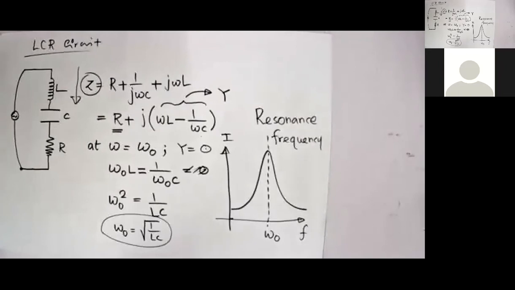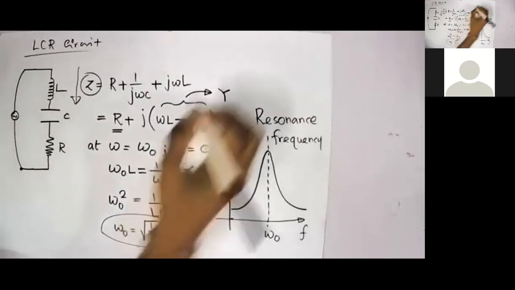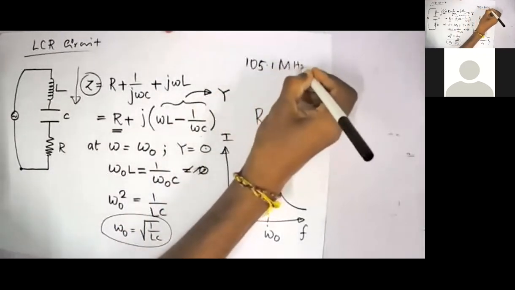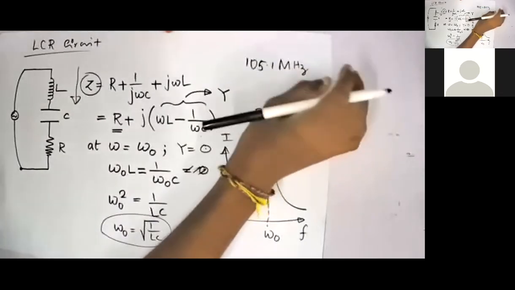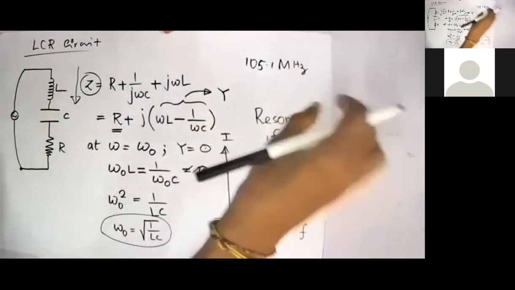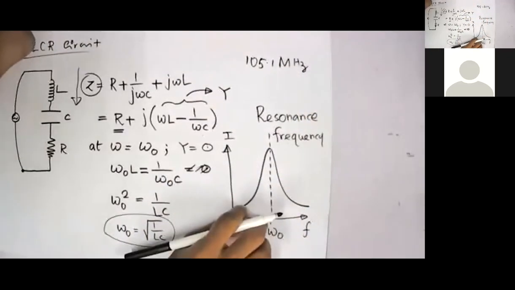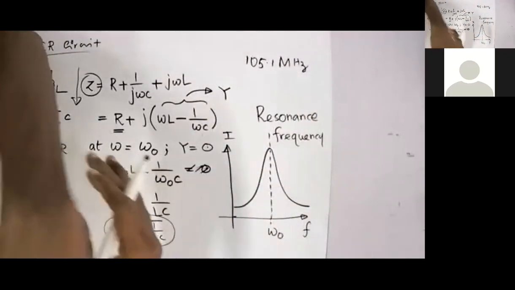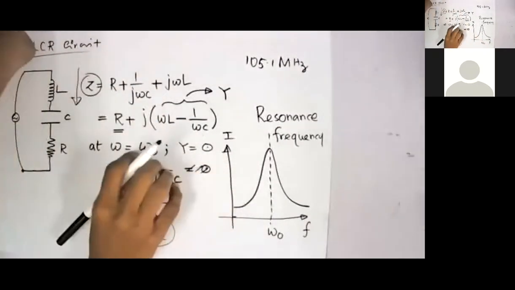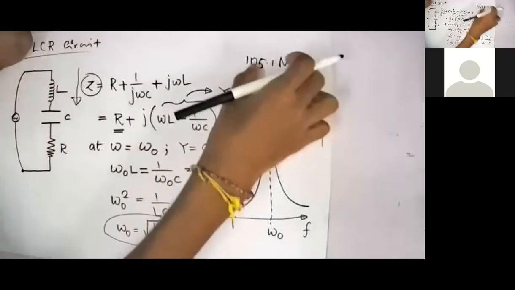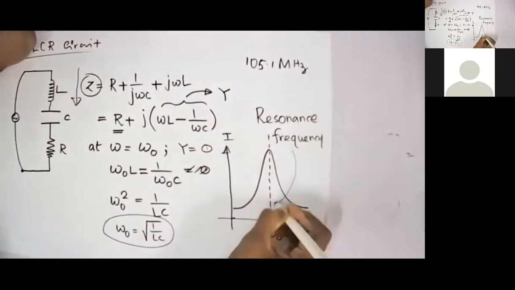But when you tune to a particular station, for example 105.1 megahertz, your radio has to choose only that frequency and neglect all the other frequencies. We can adjust that based on resonance.